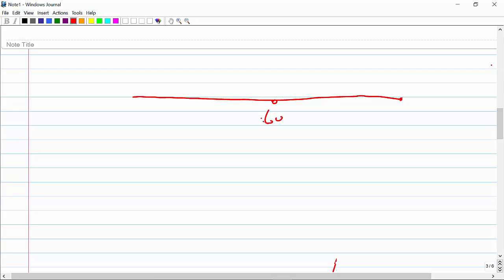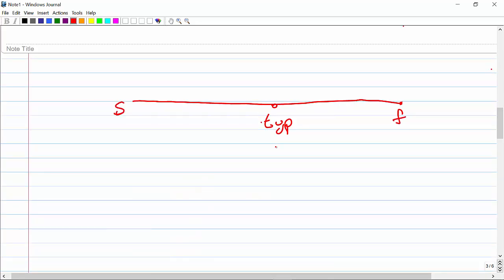So we have the typical corner, the fast corner, and the slow corner. We said it will be 1 kilo ohm in the typical corner, 0.9 kilo ohm in the fast corner, and 1.1 kilo ohm in the slow corner.